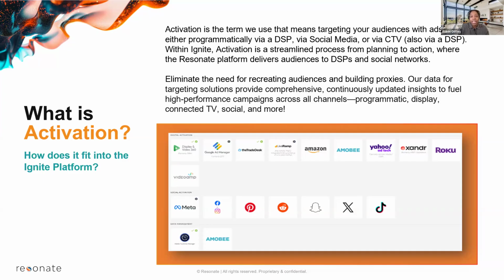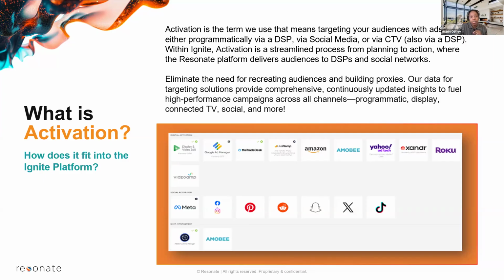Within Ignite, activation is a more streamlined process from planning to action, whereas the Resonate platform delivers these audiences to those DSPs and social networks. When you think about these DSPs and social networks, it really helps you generate high performance campaigns across multiple channels, including all these different networks that I just mentioned.